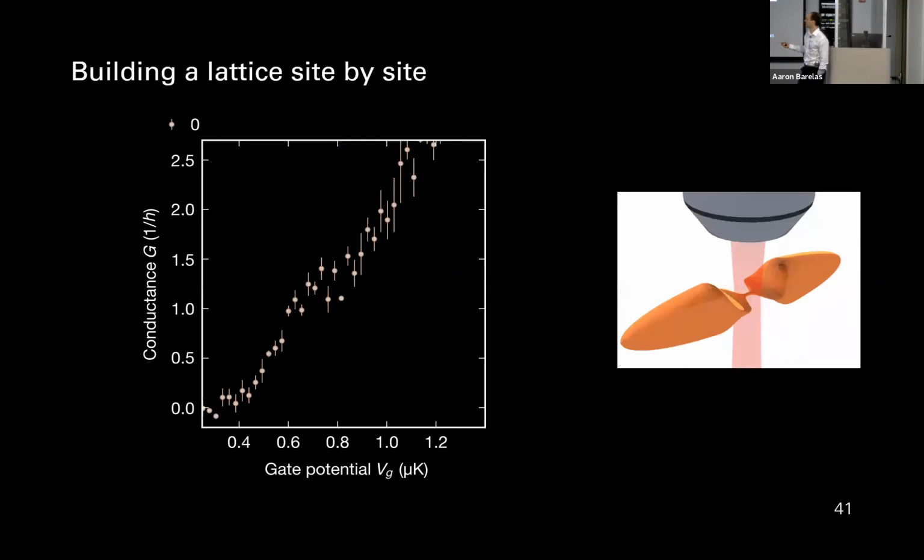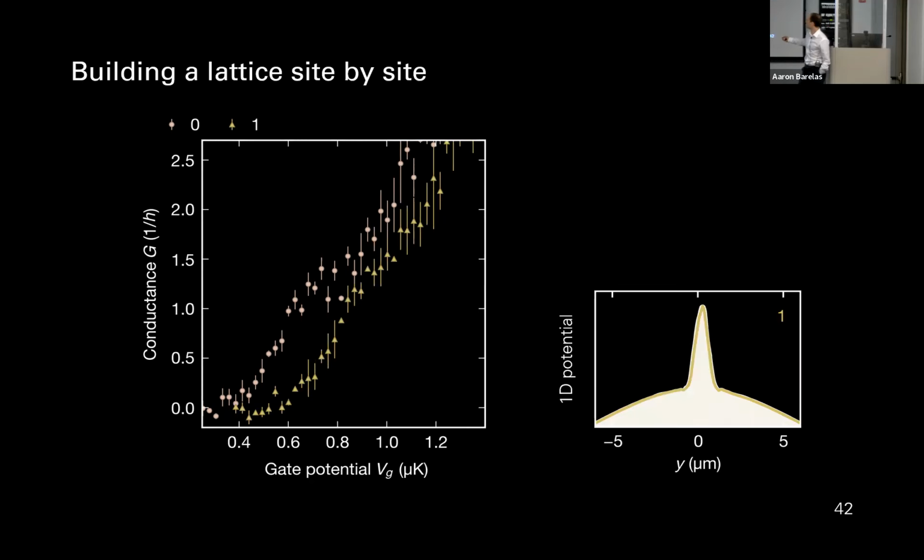And so here's how it goes. Here's a conductance curve of the device when you don't have any additional DMD, digital micromirror device, potential applied to it. So conductance is simply increasing as a function of gate potential or density.